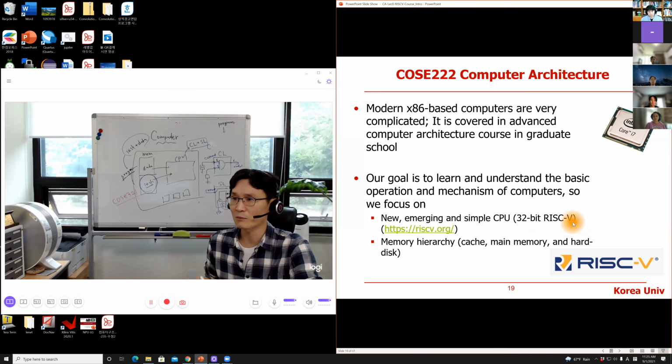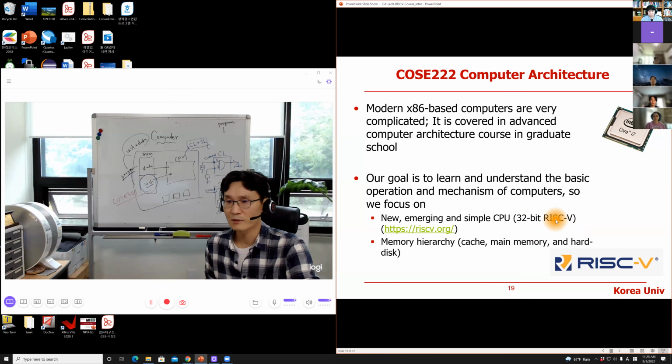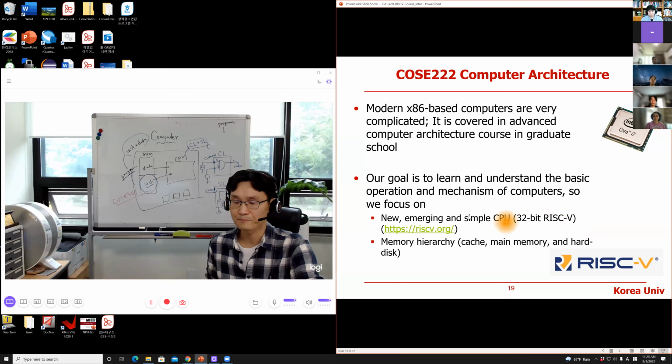There are some startup companies designing, manufacturing, and selling these processors. So it is commercially available. It is good to know. I think it will be very popular in the future, so it is good to know about this CPU.